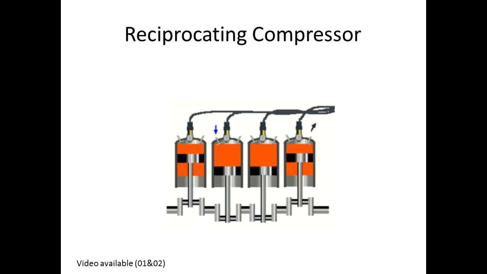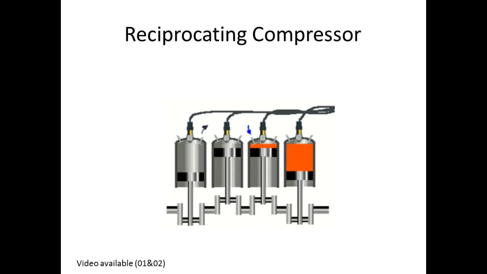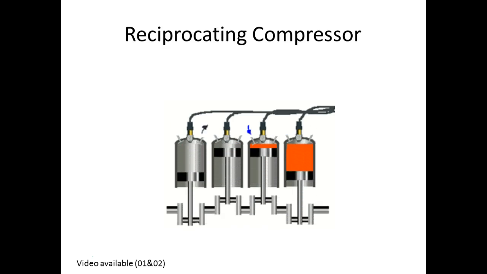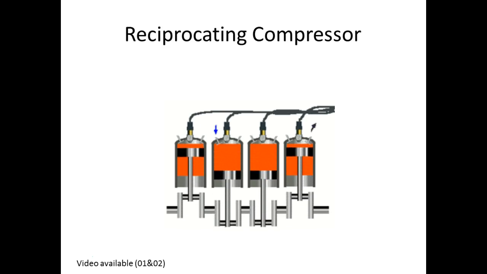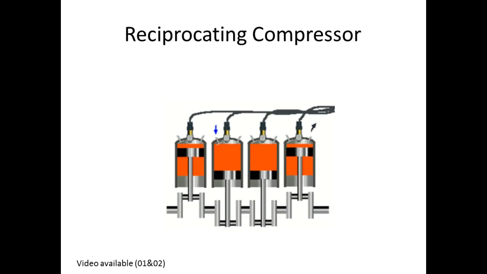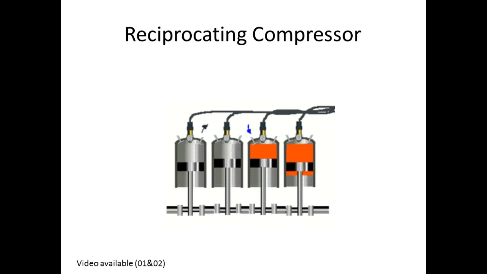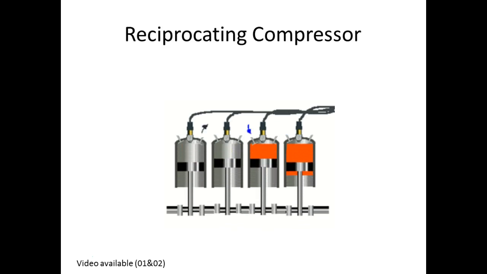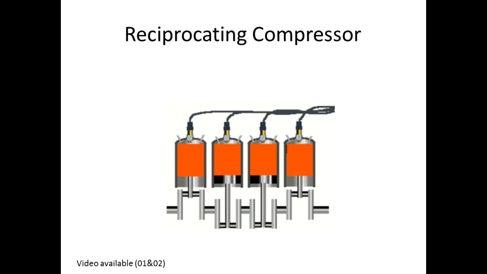So if the second compressor had the same volume as the first, the air would uncompress. So what you're going to find is that as you go through stages, each stage is going to get smaller, because you're taking something that's already compressed and compressing it more.